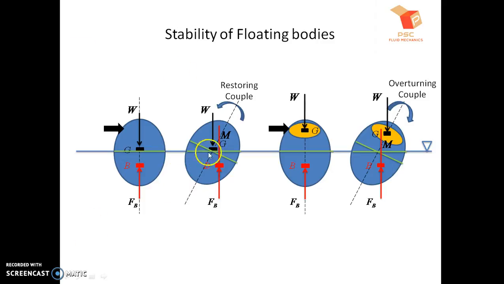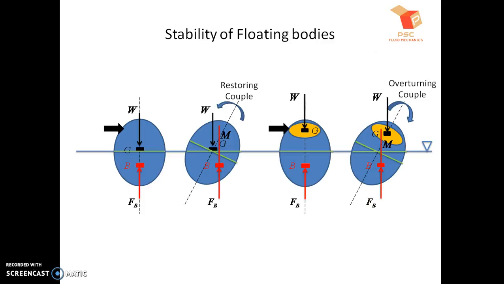Now if I consider this G as the reference and draw one line like this, then above this line the distance is positive and below the G line it is negative. So I can say in another way: if this GM distance is positive, we will get stable equilibrium, and if this GM distance is negative, we get unstable equilibrium.